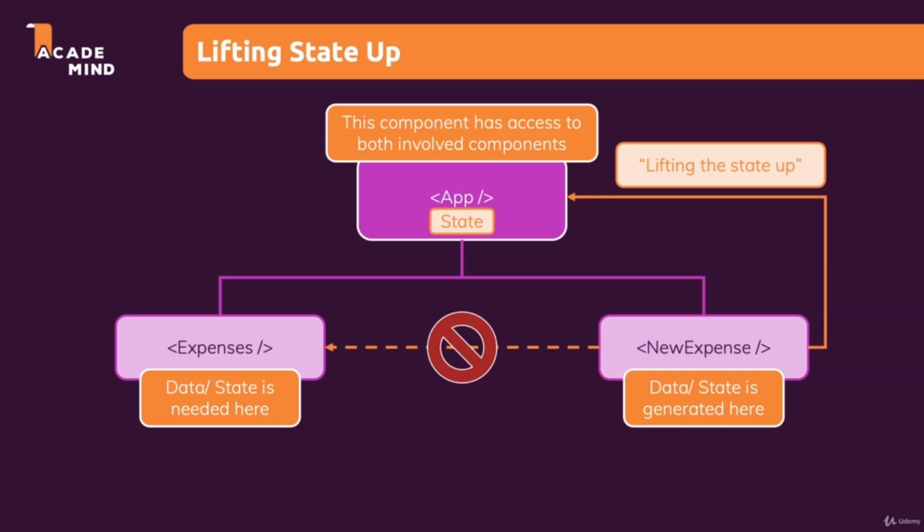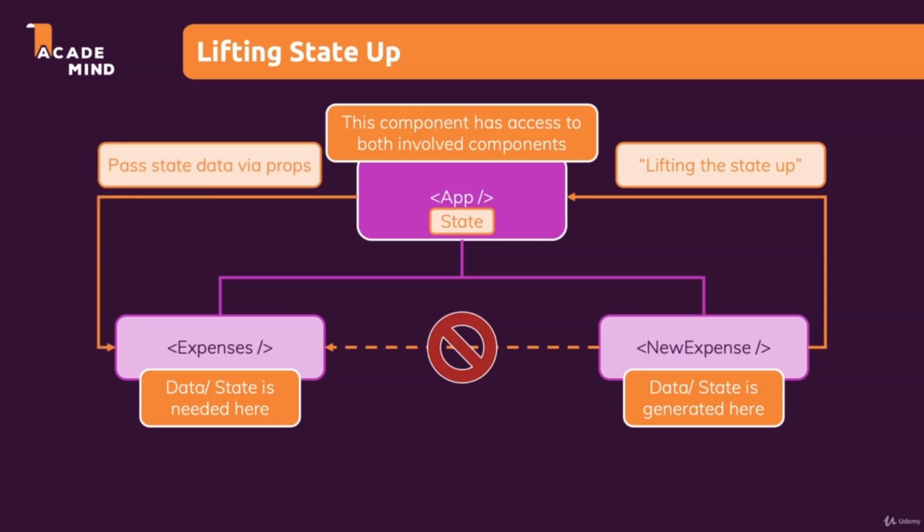We are lifting the state up, we are passing data up to some parent component, because we either need that data directly in the app component, or, as it's the case in our demo application, and as it is quite common, because we then want to pass that data down to another component via props. That's what we did in the last course lecture.